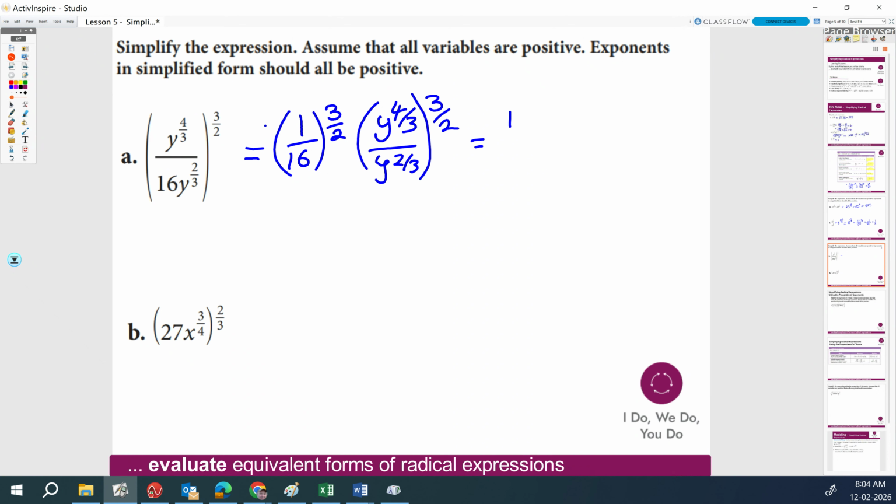And then I'm going to go here. Sorry, I'm just doing 4 cubed.